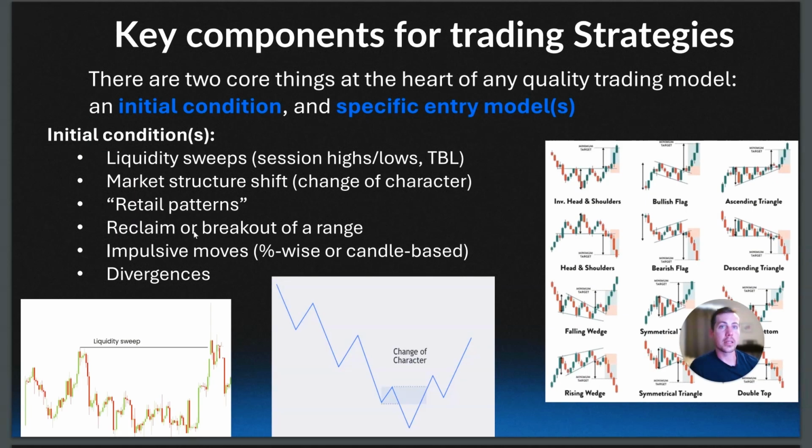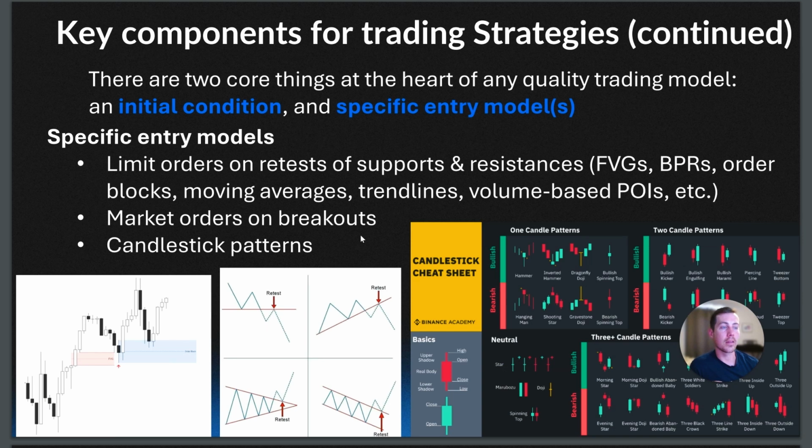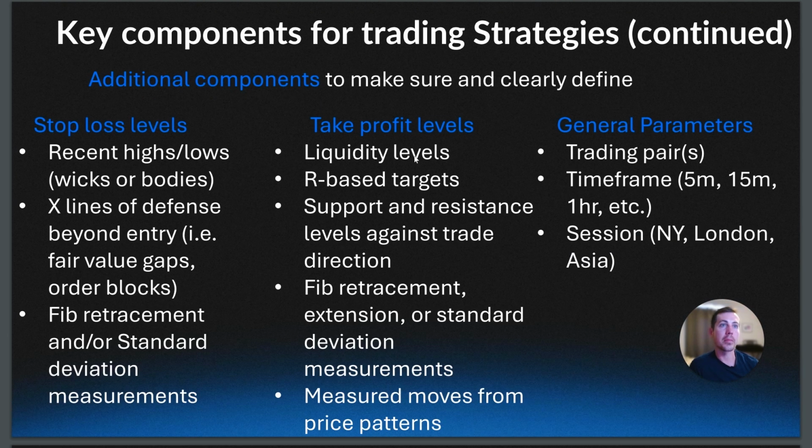The key components: the initial condition, what is the first thing I need to look for before the trade happens? I'm not really interested in trading at all until that is present. And then second, what are you specifically looking for to enter after that initial condition's met? You want to make sure your stop loss and take profit are well defined, and then figure out what the specific parameters are for your model.